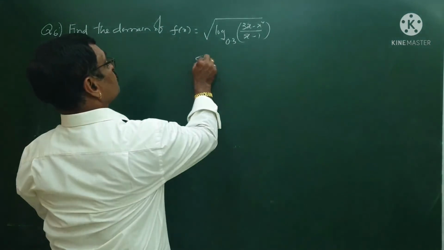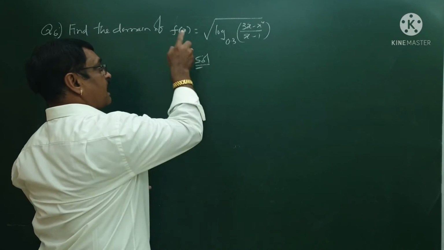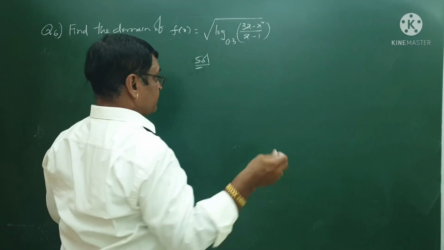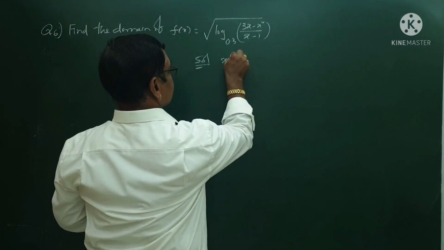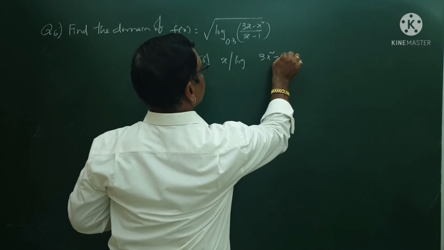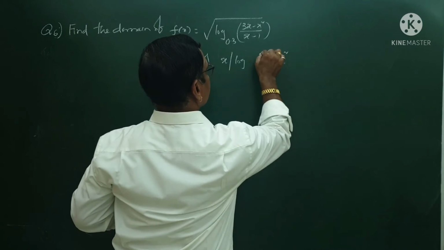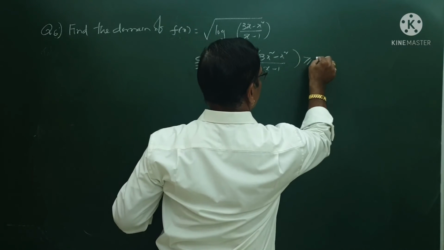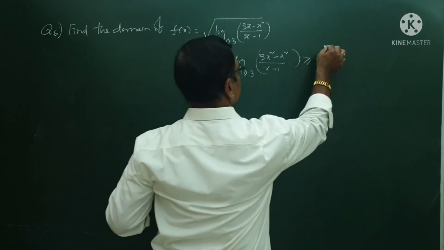So, solution. First, I will focus on the square root. Square root of something must be more than or equal to 0. So first of all, x such that log of (3x minus x square) by (x minus 1), base 0.3, is more than or equal to 0. This is number 1.